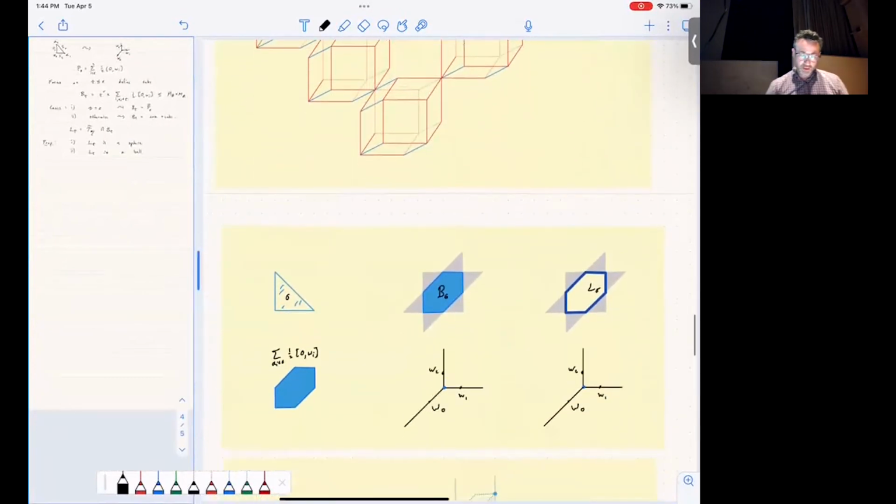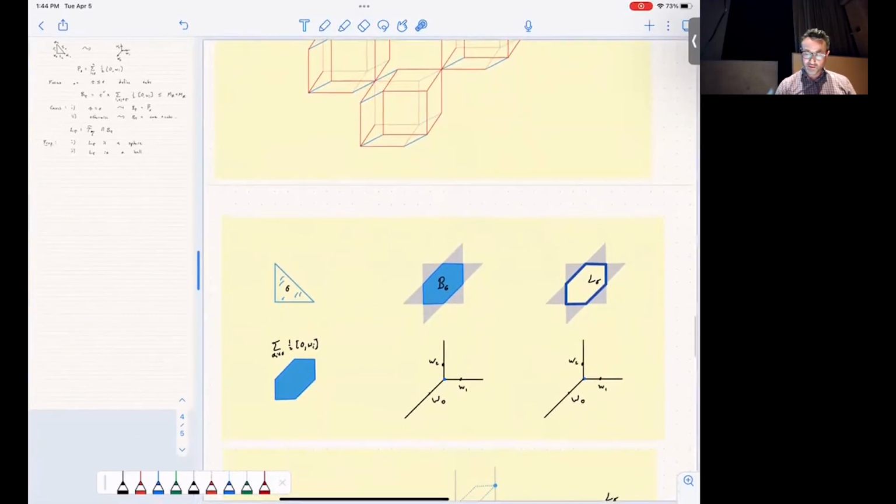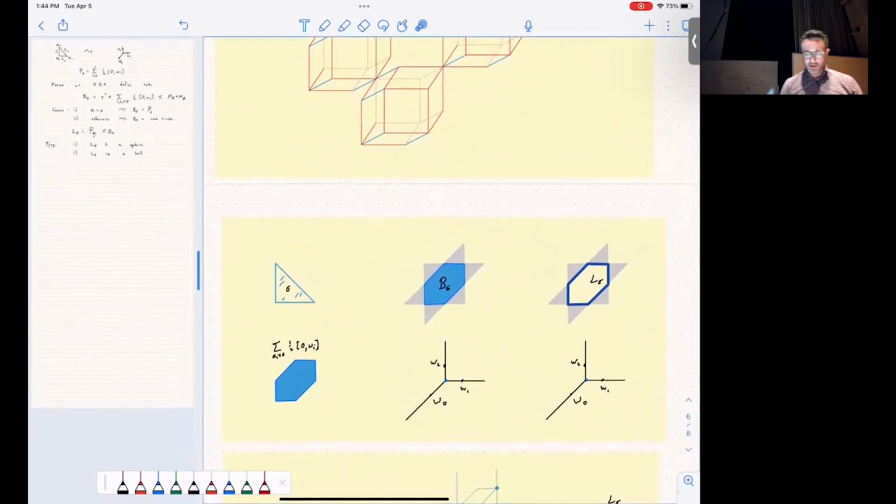So the first couple of cases are very simple. If we take sigma to be the entire thing, then, as I said, b sub sigma is just going to equal the zonotope itself, this polyhedron p sub sigma, the closure of it.